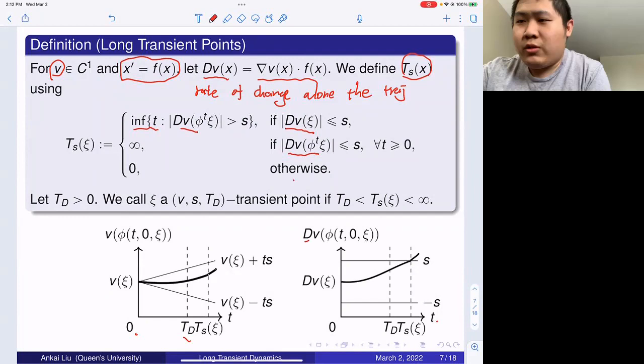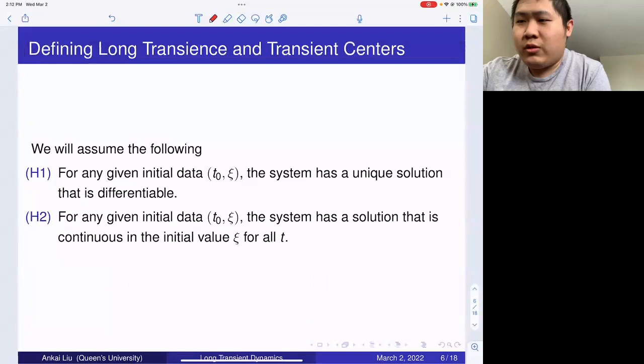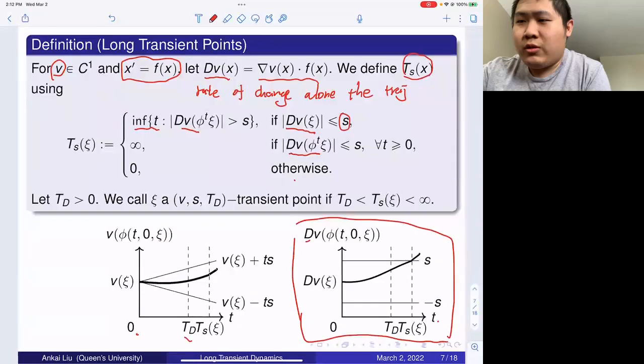It might seem scary, but I hope this plot will explain it quite well. Let's say we are given this S. Remember this S captures the notion of slowness. Once we are given this S, we can split the whole space into a slow region and a fast region. So this T_S is really the time it takes for the trajectory to enter this fast region.